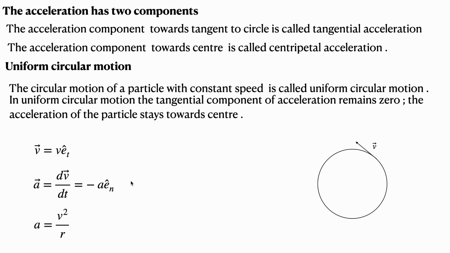So we can write the vector v as v et cap, and the tangential acceleration is dv by dt. So this will be equal to minus a en cap, where a is v square divided by r.